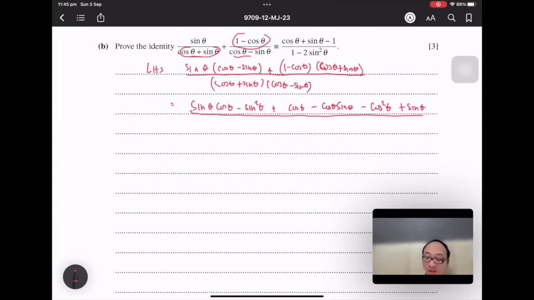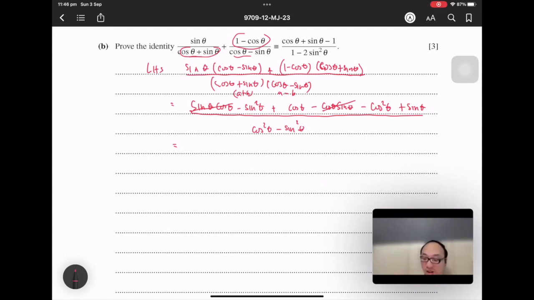Well, this one, the denominator can be a squared minus b squared. Yeah? (a plus b)(a minus b) becomes a squared minus b squared. So cos squared theta minus sin squared theta. And then from here, I can see that we can cancel the cos and sin.